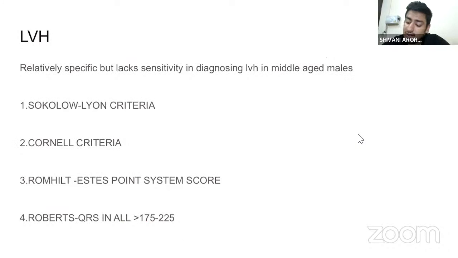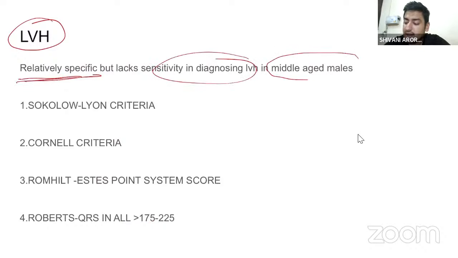Then we have the ECG criteria for LVH also. First of all, it is very important to know that ECG is relatively specific but lacks sensitivity in diagnosing LVH in middle-aged males. Why so?